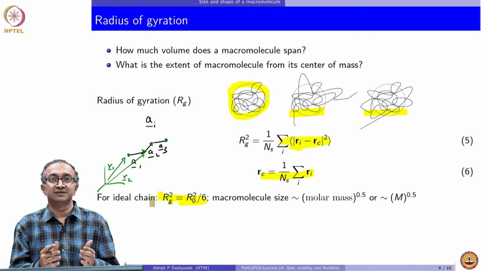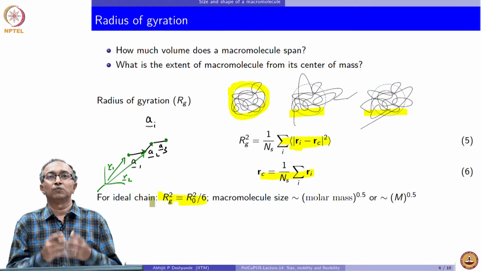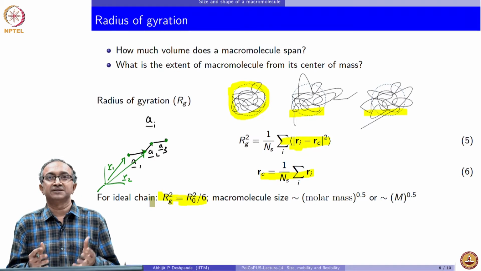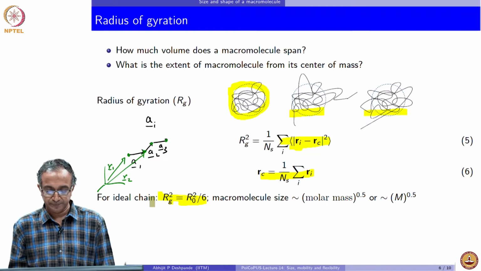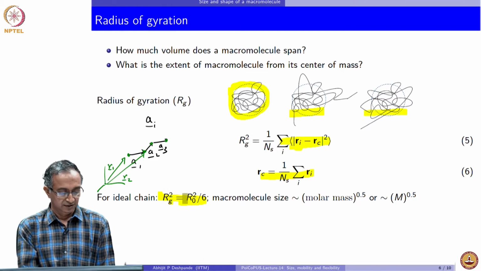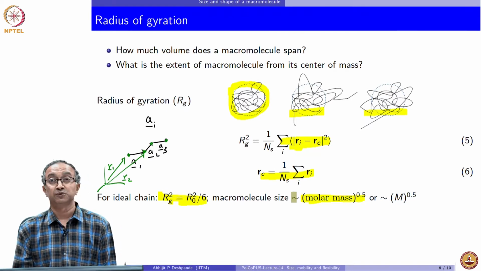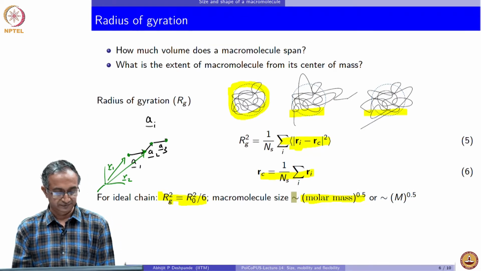So at a given condition, R0 and RG describe on an average what is the volume spanned by the macromolecule. And since R0 is proportional to square root of molar mass, radius of gyration also is proportional to square root of molar mass.